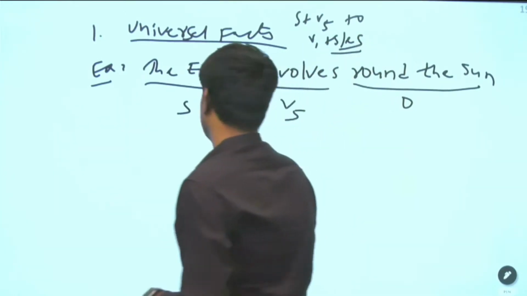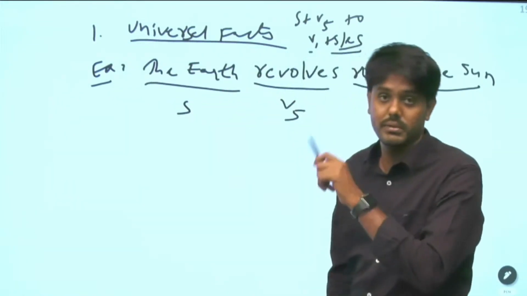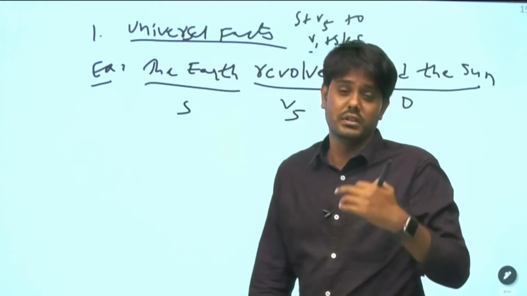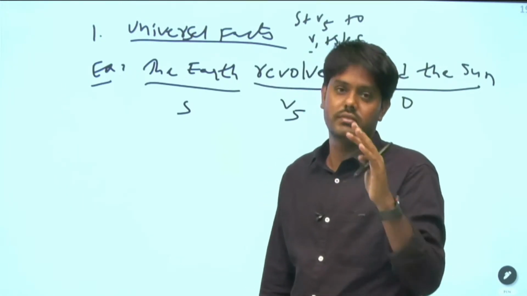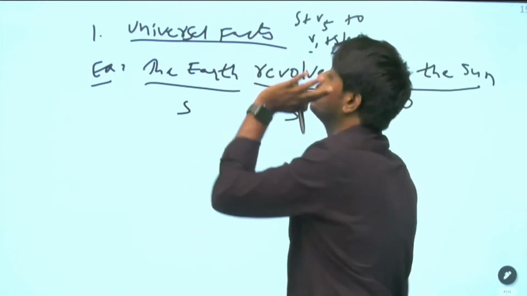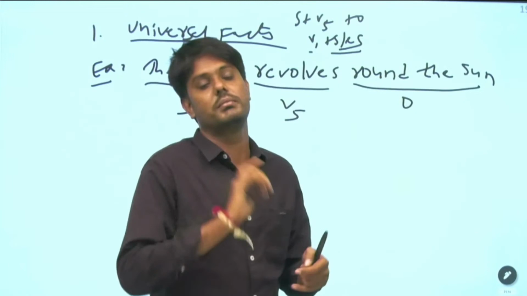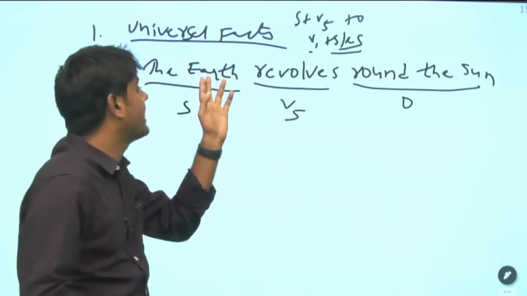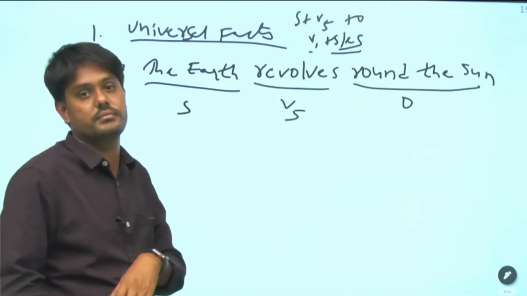So if you check the structure of simple present tense in relation to universal facts, you can take any sort of universal fact. All the examples will compulsorily be in simple present tense only. All the universal facts will be in simple present tense. So this is the first and foremost usage of simple present tense.